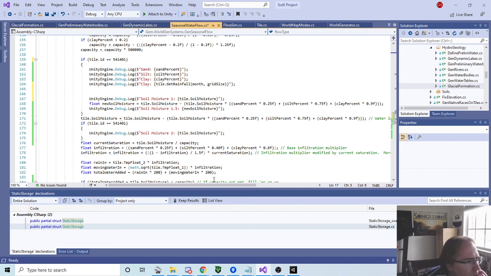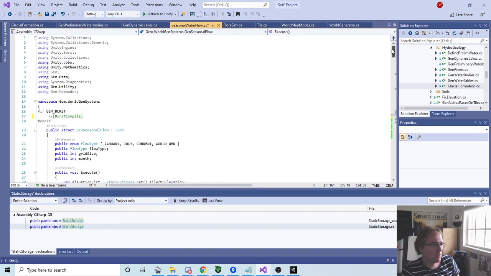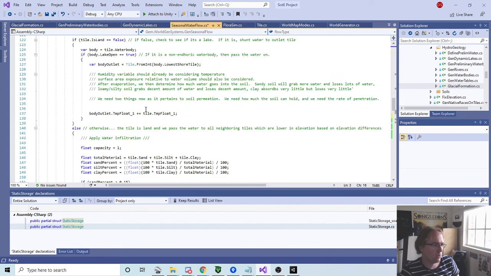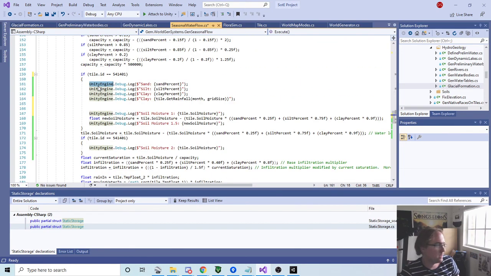Okay, so what was I doing? Oh yeah, I wanted to get the rainfall. No, never mind. Am I not using Unity Engine here? No, I am. It's just saying it's not being used despite it being used. Oh, with the function.